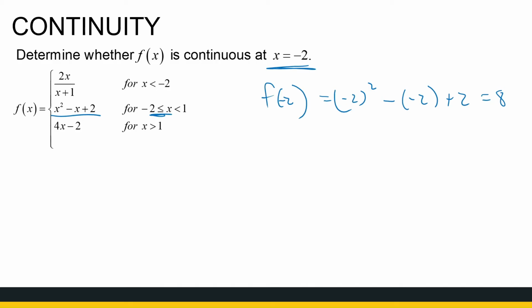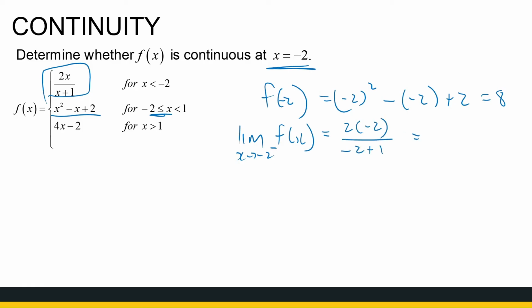All right, the next one, now we need to look at the limit from the left and the limit from the right. So if I look at the limit as x approaches -2 of f of x from the left, that will be function values of x that are less than -2, so then we're in this part. So that'll be 2 times -2 over -2 plus 1. So it's -4 over -1, so that's 4.